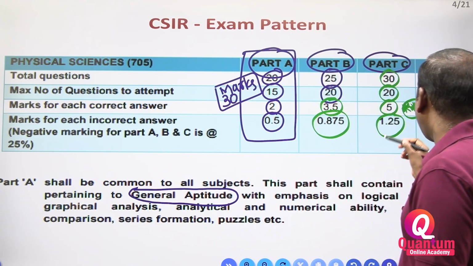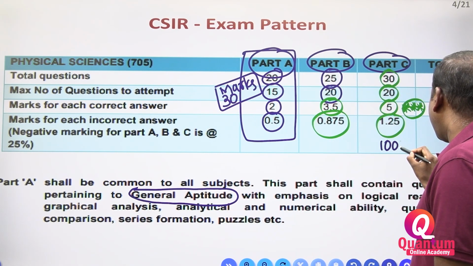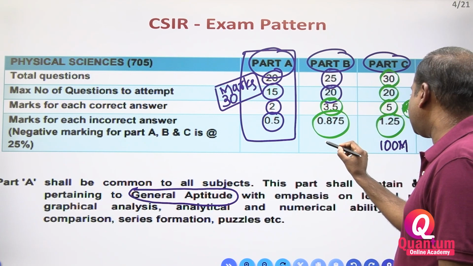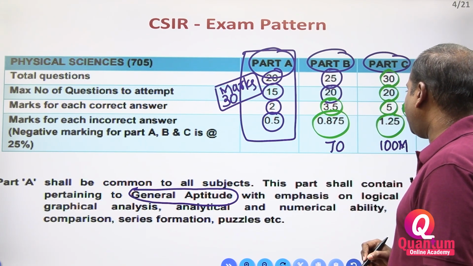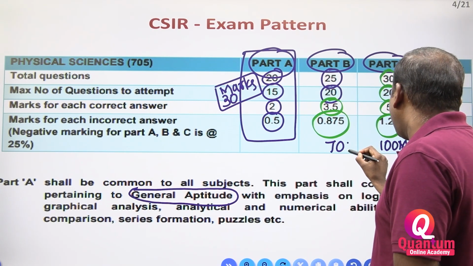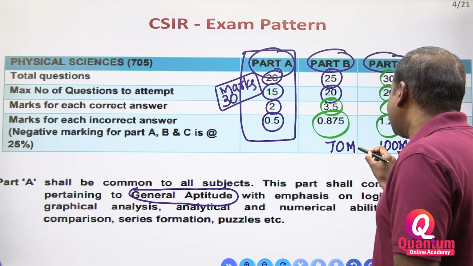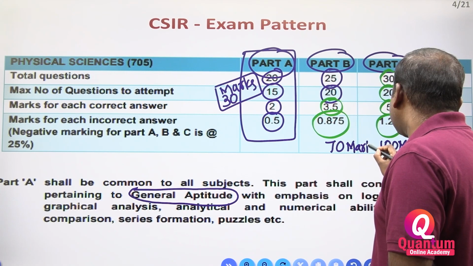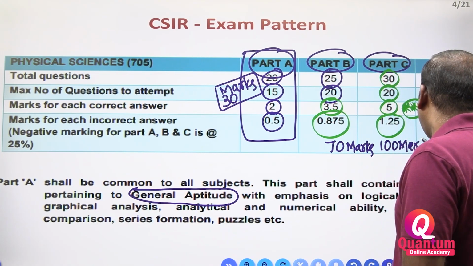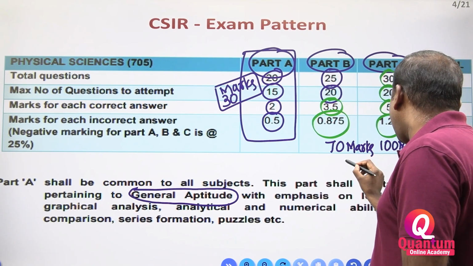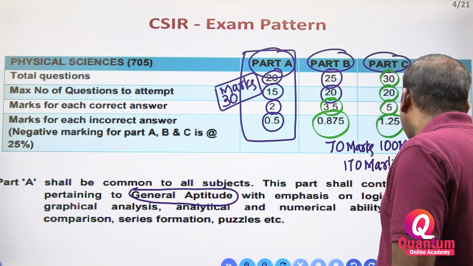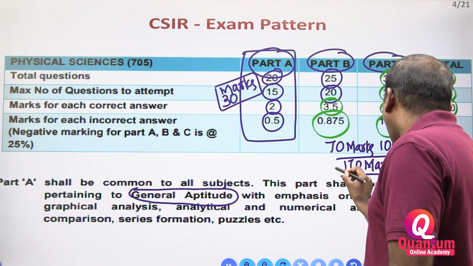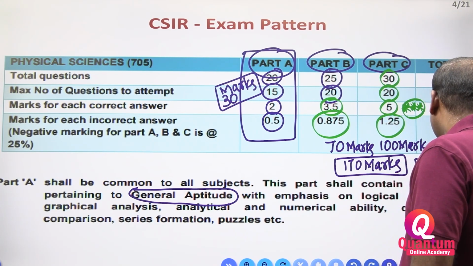Next, here 100 marks for part C, and 70 marks for part B. So 70 plus 100 is 170 marks only for physics.